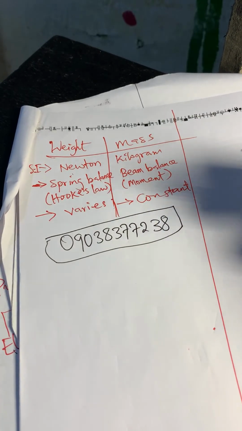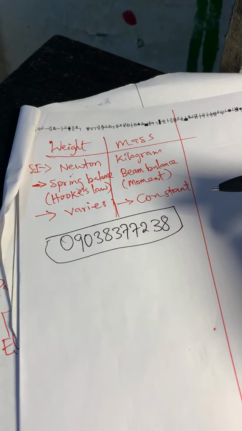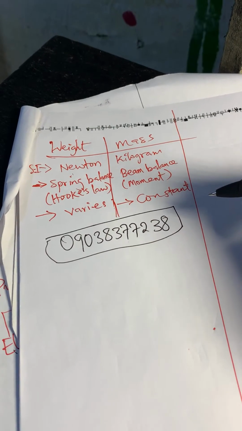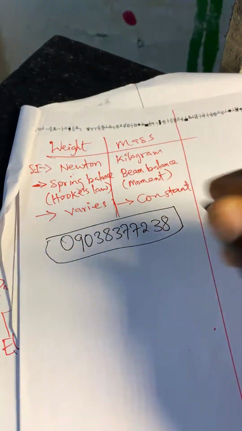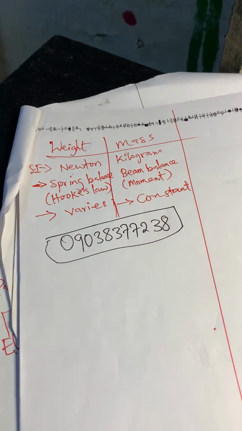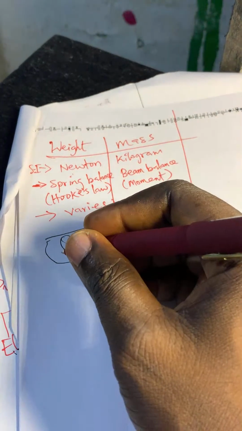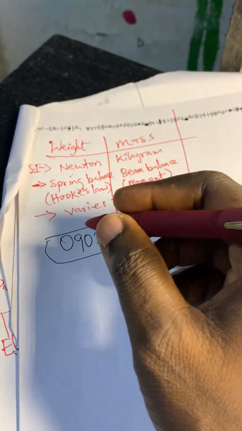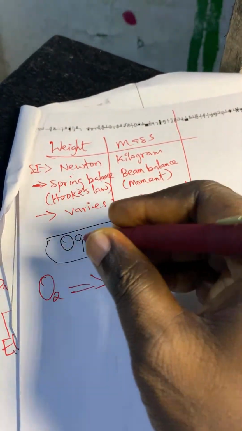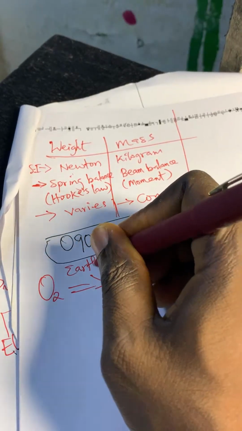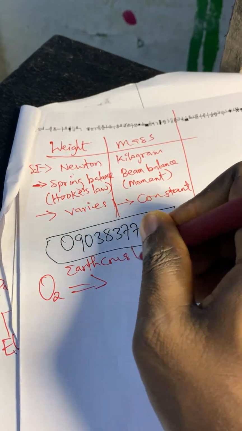I told you an element is a substance which cannot be split into simpler units by an ordinary chemical process or means. Don't forget the three most abundant elements in the earth's crust.